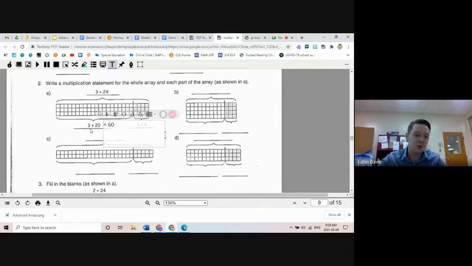So 3 times 20, well, we see a 0 behind the 2, so that means we have a multiple of 10, so we can ignore that 0. We can do 3 times 2 equals 6. But then we have to remember we ignored 1 zero, so we need to put 1 zero onto our answer, so that 6 becomes 60. So really, it's 3 times 2 tens equals 6 tens. And we have a 60 there, which is good. That's nice, easy math if we're understanding.